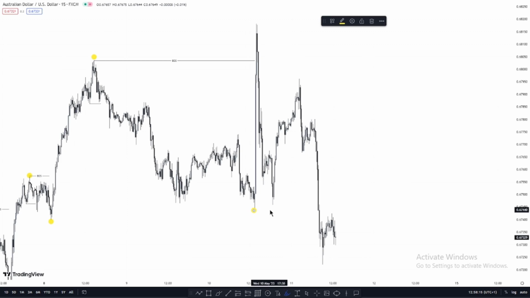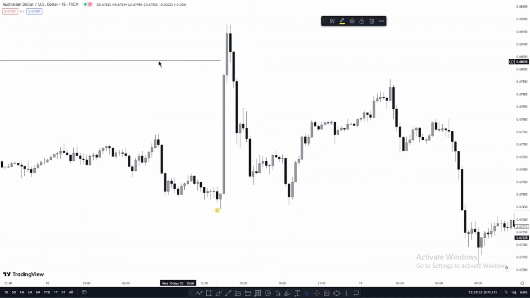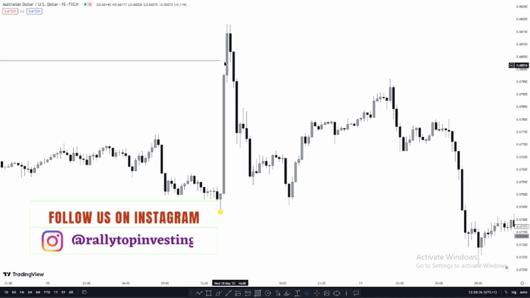This is your higher low in the market. The higher low sponsored the move up that took out this previous major structure high. That's your higher low. Now price comes down.